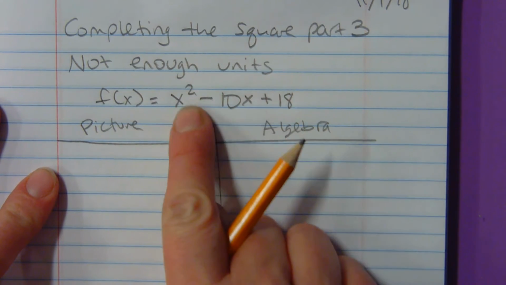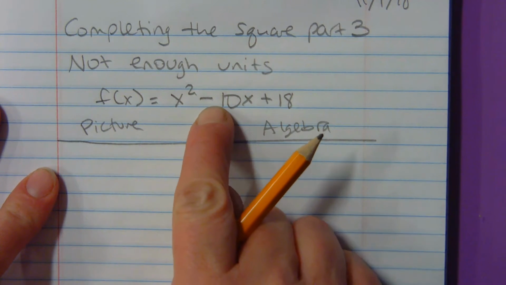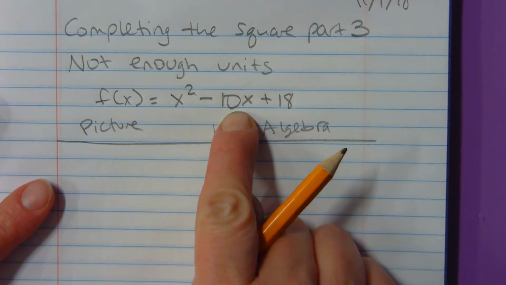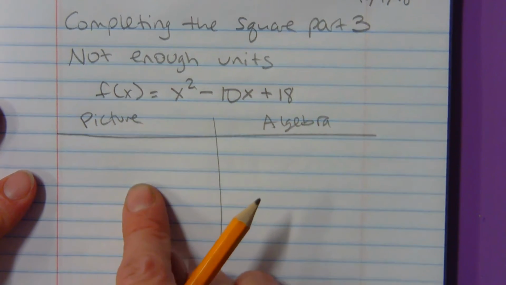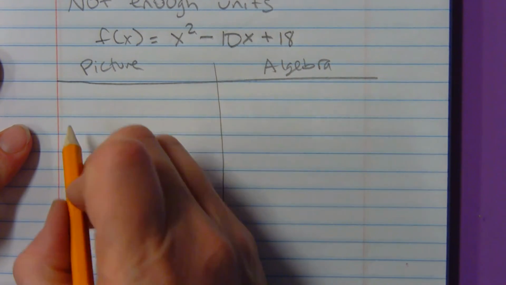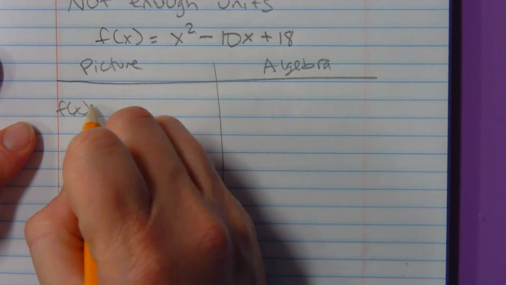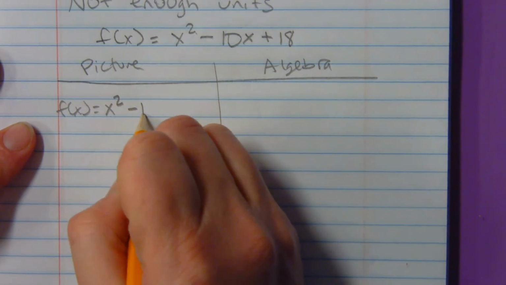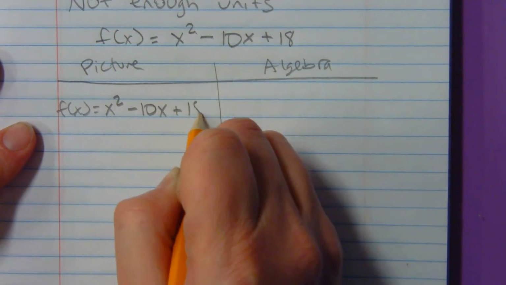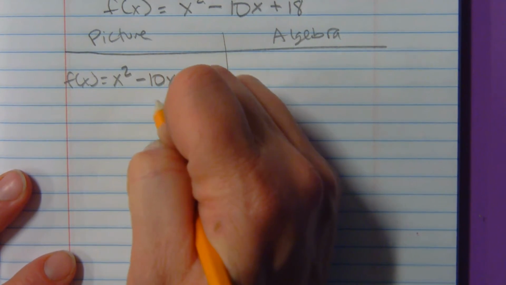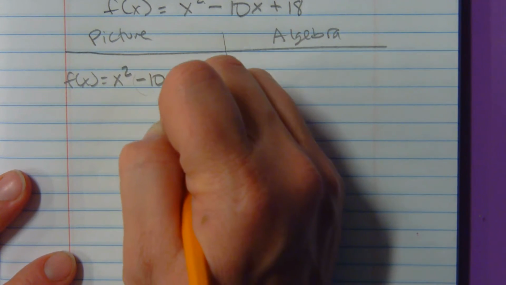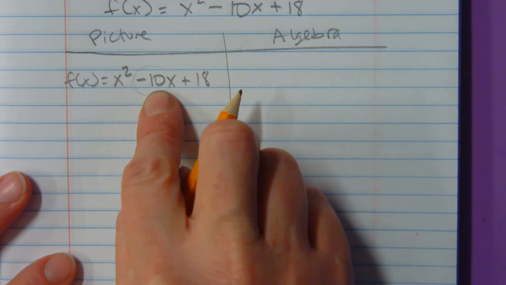So even though this is a negative number, this is minus 10x, the math is still the same, but I just have minus x's instead of pluses in here. So I'm going to write my problem again. X squared minus 10x plus 18. And so I'm thinking to myself, what is, now I want to say that's minus 10 or negative 10.